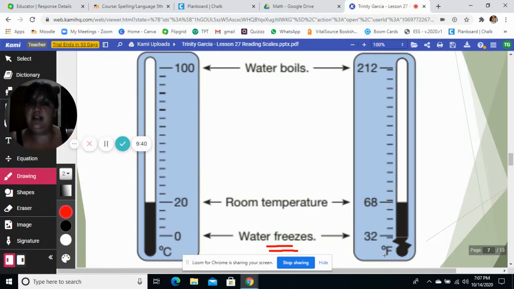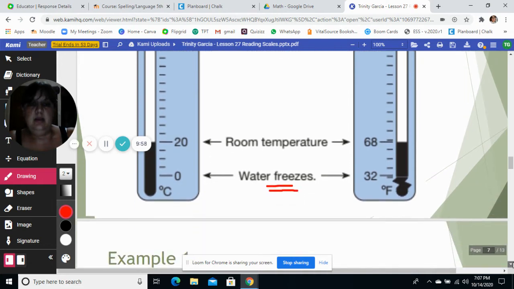Not quite the same. But you will also see that 68 is not right on the line right here, okay? So you need to watch carefully that it's not right on that line, okay? Let's move down.